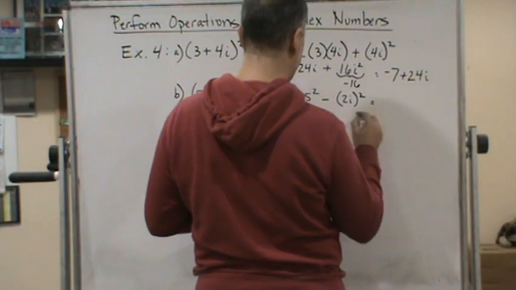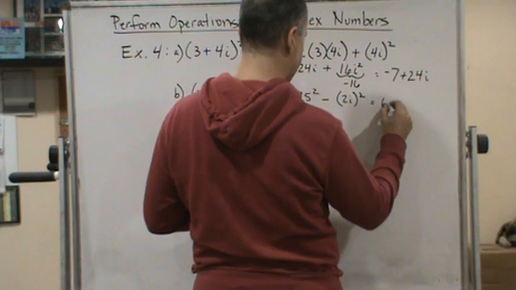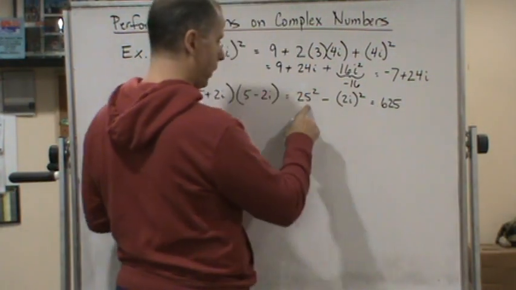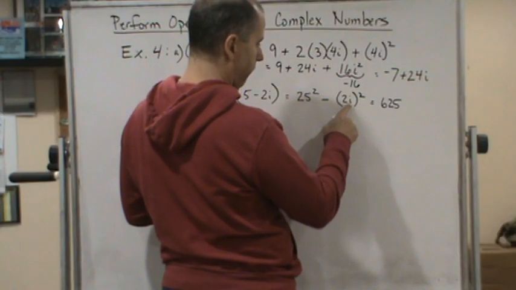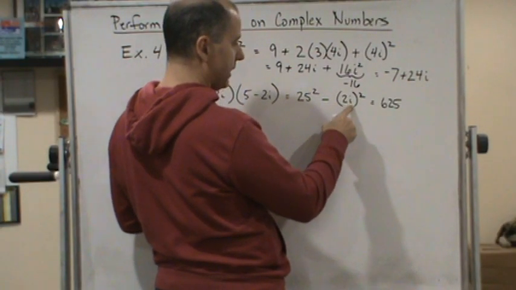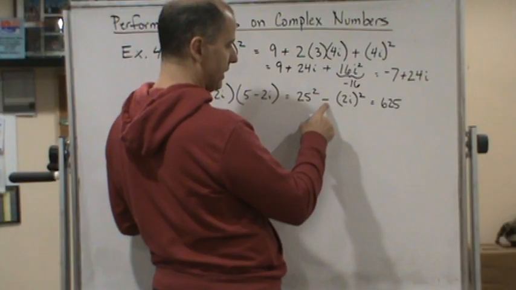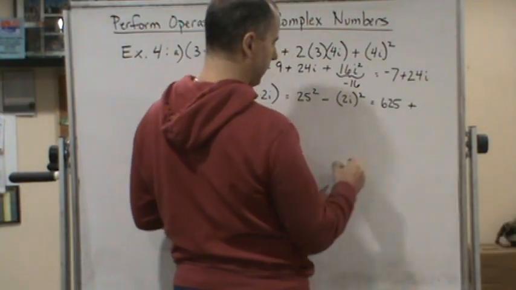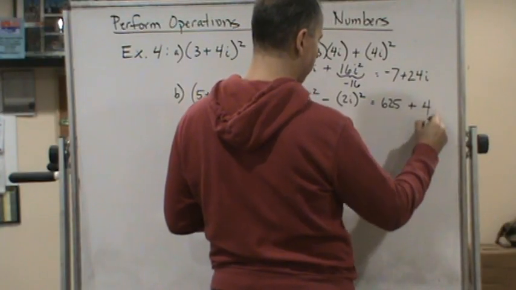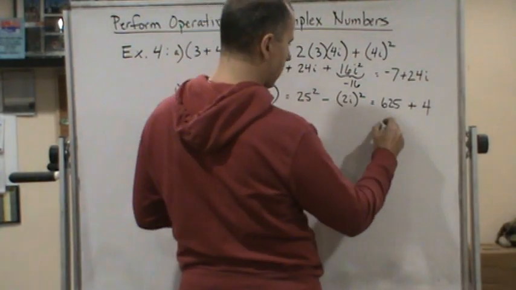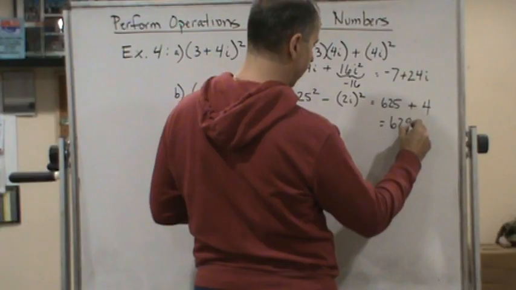And so what are we going to get? We're going to get 625, 25 squared is 625, minus 4i squared, but the i squared is negative 1, which makes this positive, so it's going to be a plus sign. And I get 4, which is going to give me 629, right?